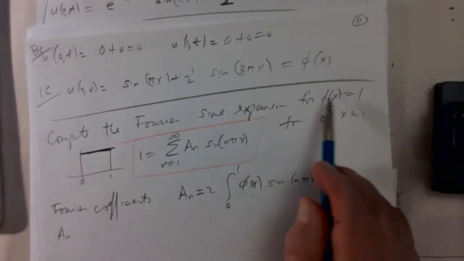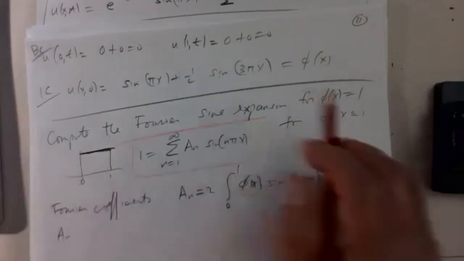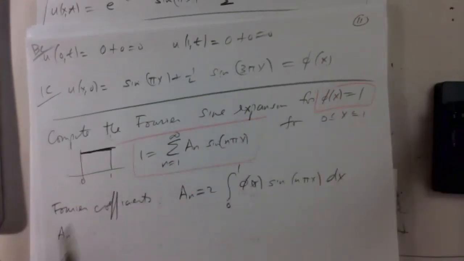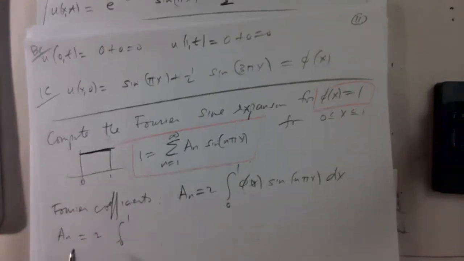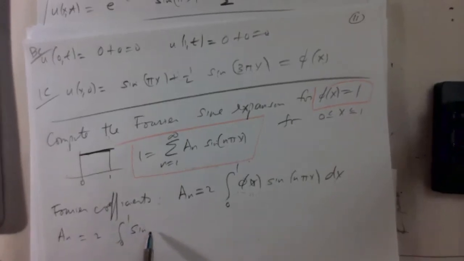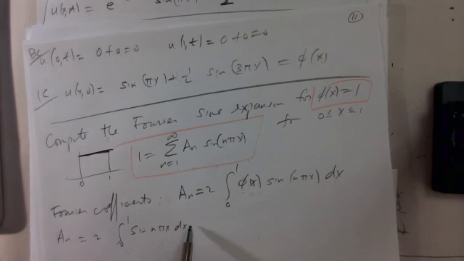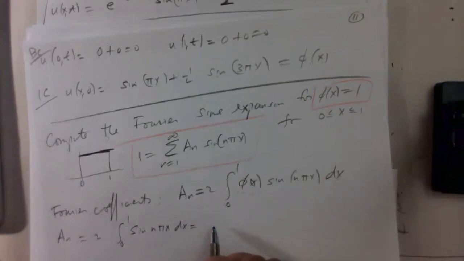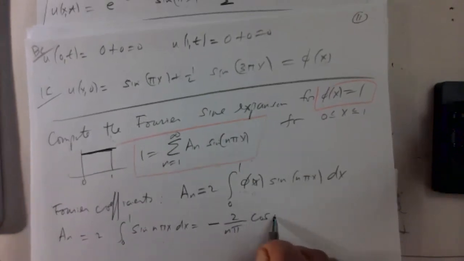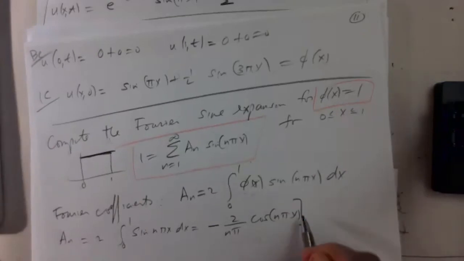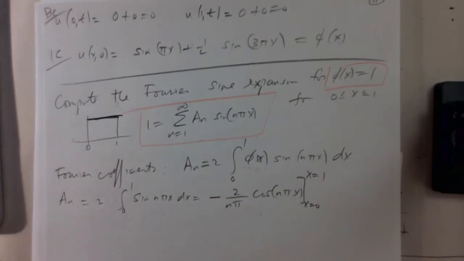But our function phi of x is 1. So a sub n is 2 times the integral from 0 to 1 of just sine of n pi x. What's the integral of sine of n pi x? It's minus 2 over n pi cosine of n pi x from x equals 0 to x equals 1. Right? Does that look okay?